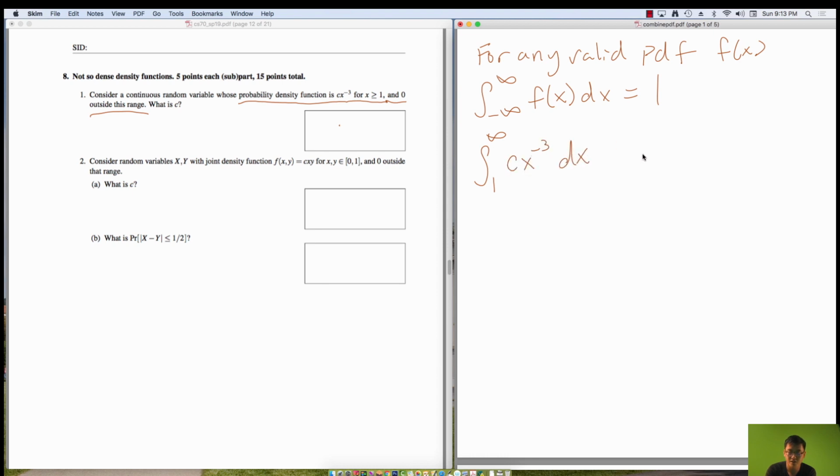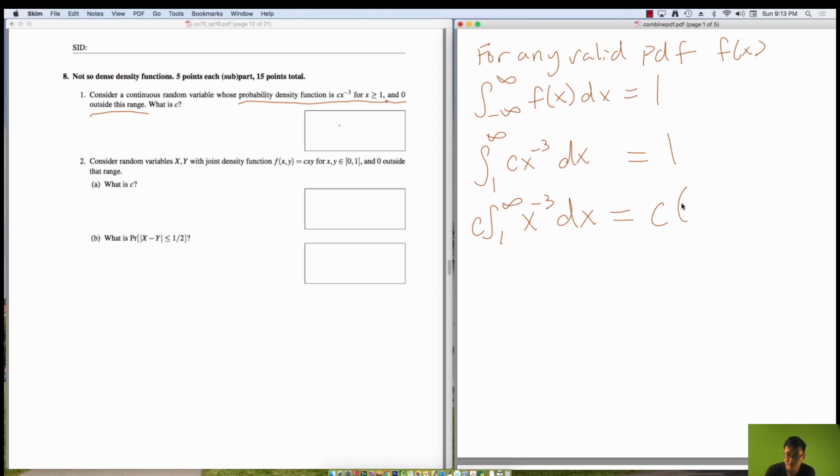And if we integrate this, because this is a valid PDF, we should get 1. So let's try to evaluate this integral and solve for c. So first I'm going to take this c out of the integral. And then find the antiderivative for x to the negative 3.